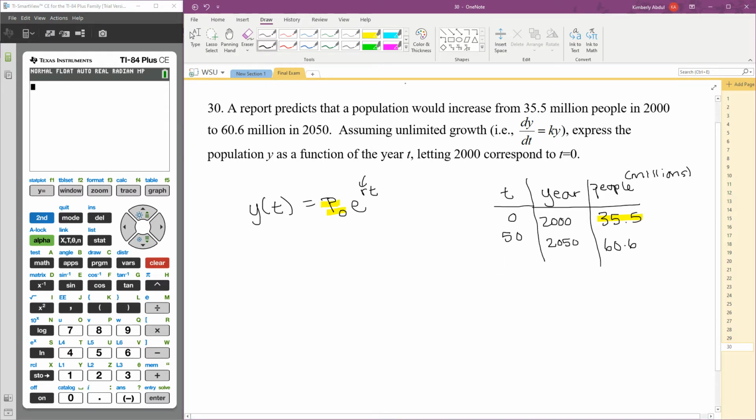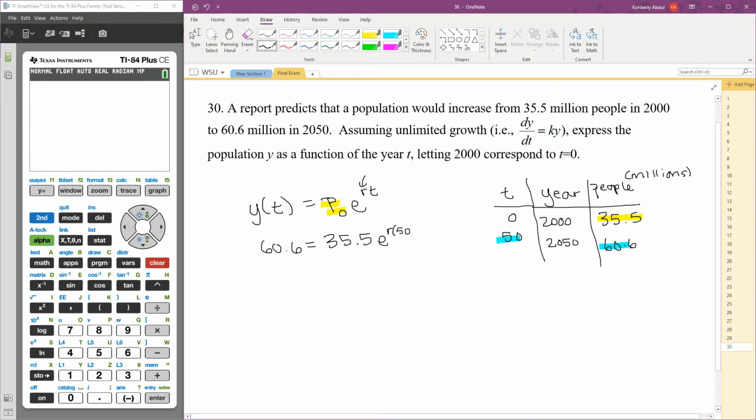So we can plug in these values into our equation and then solve. So we would have 60.6 equals our initial value, 35.5, times e to the r times 50.